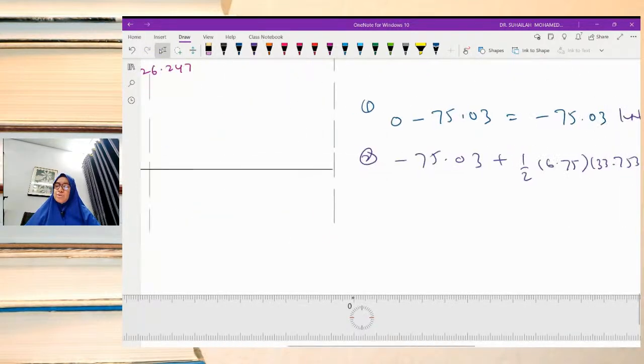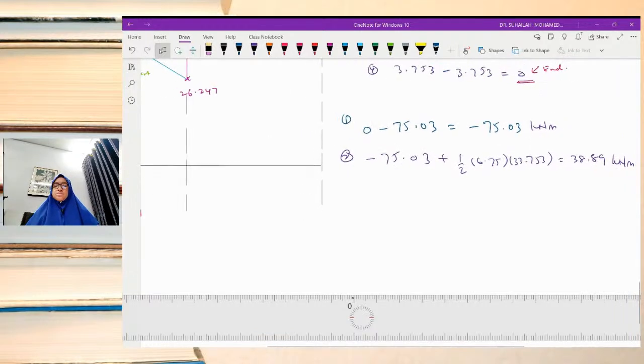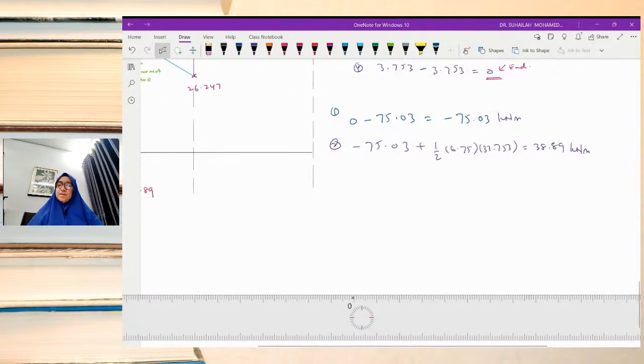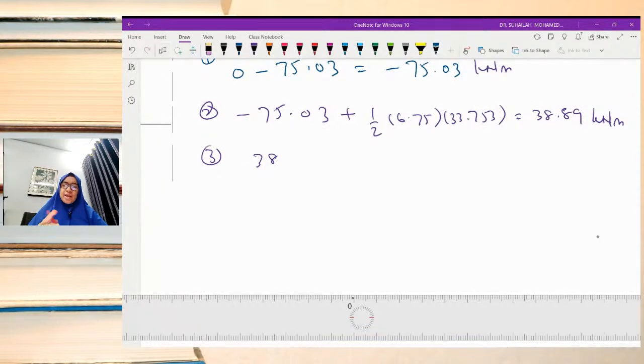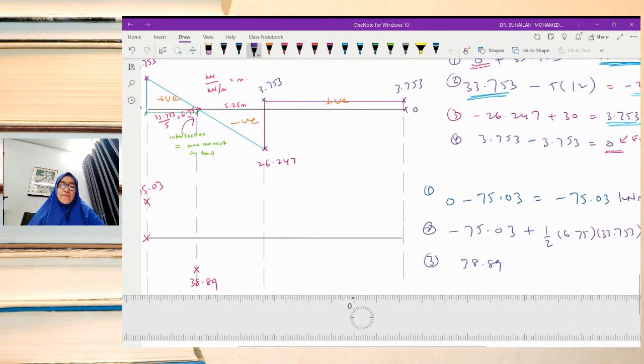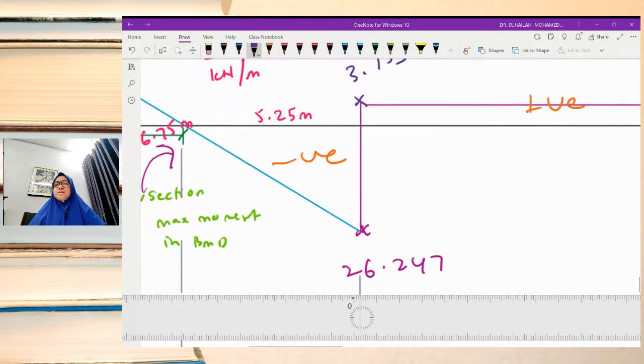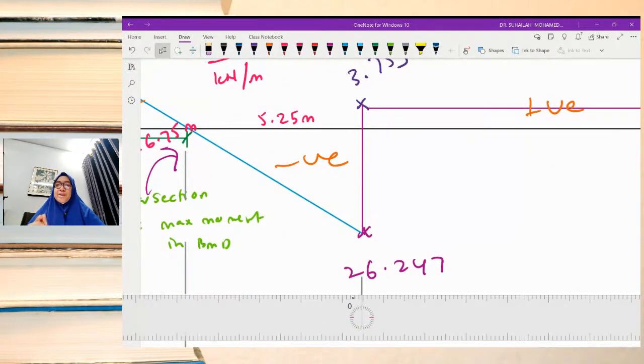Okay, next value, the third step to draw the bending moment diagram. The third step is 38.89. We have to minus the area of triangular.